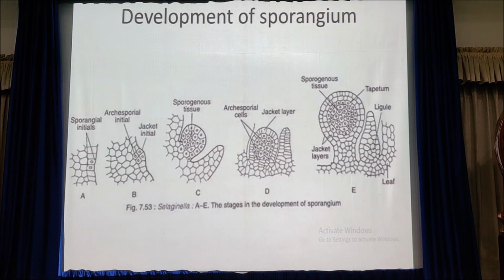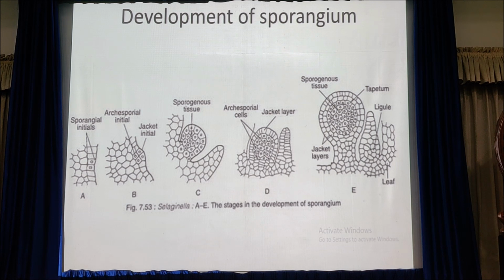The capsule has a two-layered jacket. In the outer layer of the jacket, the cells are larger in size, having chloroplast. Within the jacket, there is another layer known as tapetum. It is the nutritive layer, giving nutrition to the developing spores.